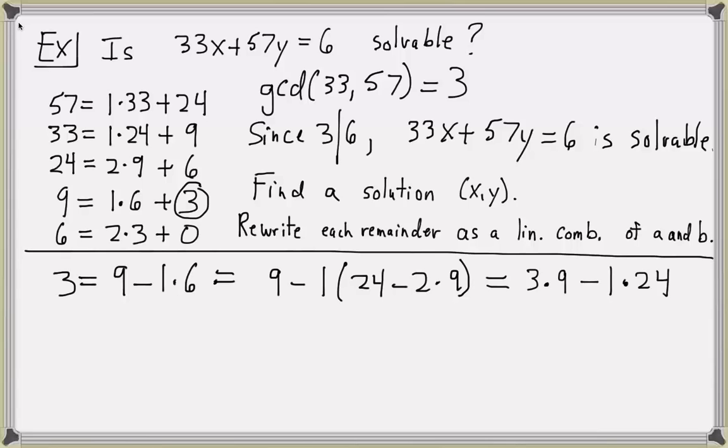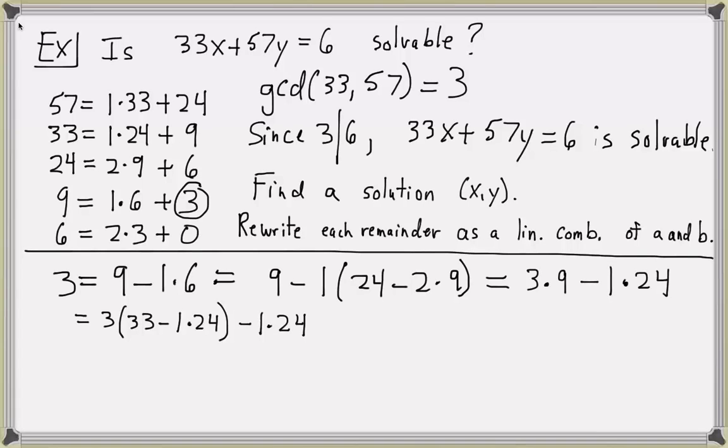Well, now I'm going to replace the number 9 using this equation. We see that 9 can be rewritten as 33 minus 1 times 24. So I'm going to continue this process. We see that this expression will equal 3 times 33 minus 1 times 24 when I replace the 9. And I still have minus 1 times 24.